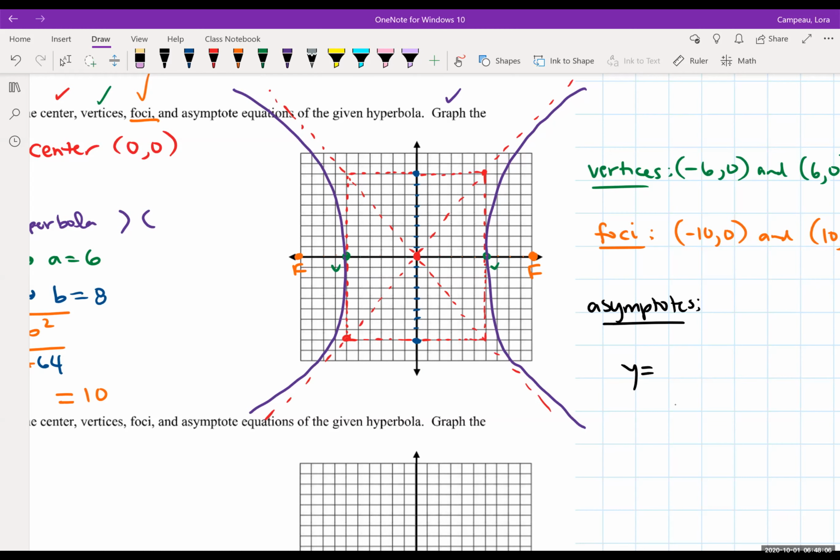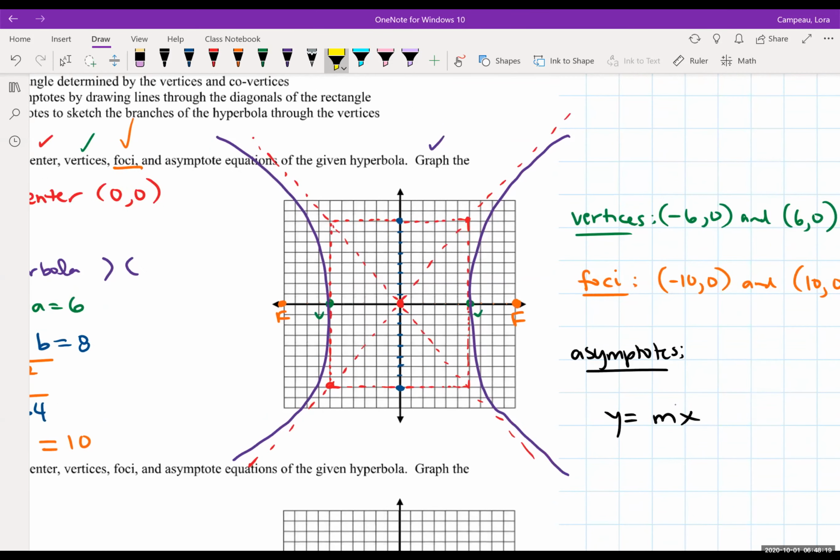Now, to develop this further, remember that your asymptotes, there's two of them. There's one with a positive slope, rising from left to right, and there's one with a negative slope. So the positive slope, you can kind of see there, and then the negative slope, you can see right here. So we don't have to even worry about it. We just use a plus or minus to account for that.